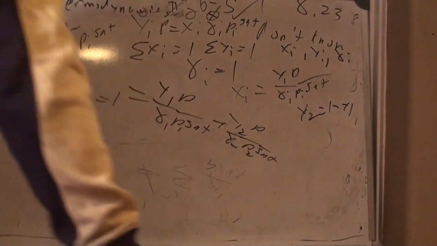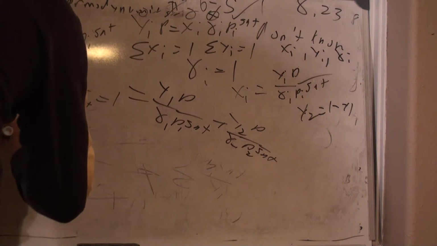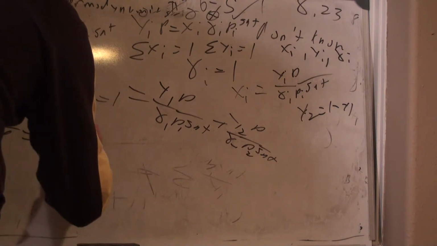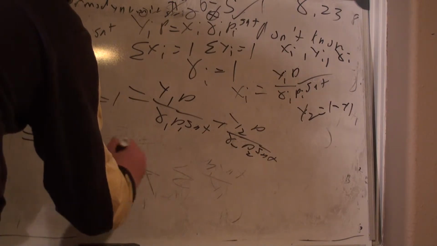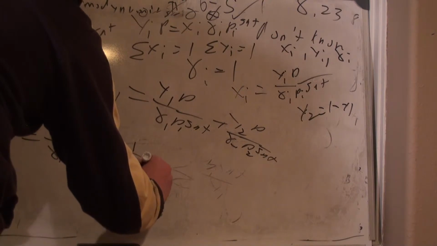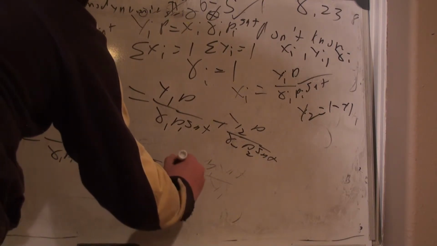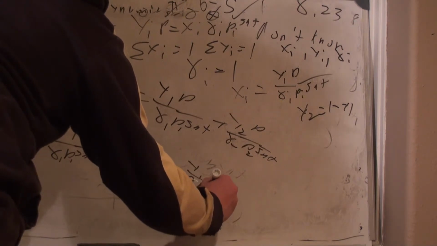And so I'm going to have 1 over P is equal to y1 over gamma 1 P1 sat plus 1 over gamma 2 P2 sat minus y1 over gamma 2 P2 sat.